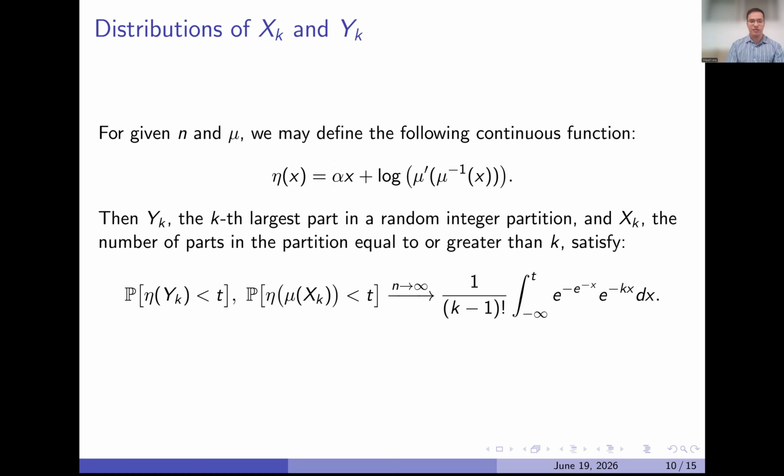So we see that the cumulative density functions of eta of y sub k and eta of mu of x sub k approach the same function represented here by an integral as n increases. So we can deduce that the asymptotic distributions of y sub k and mu of x sub k are also the same.